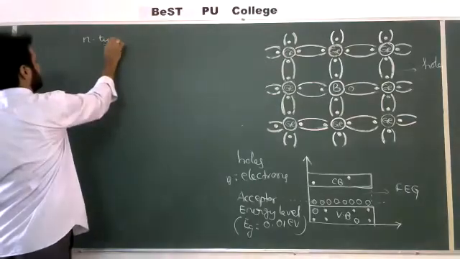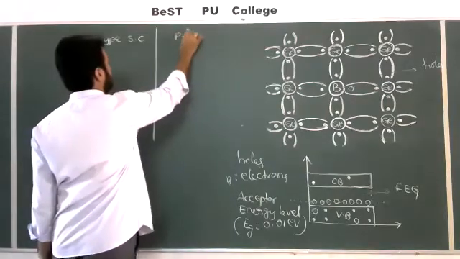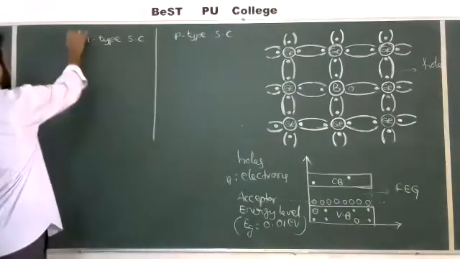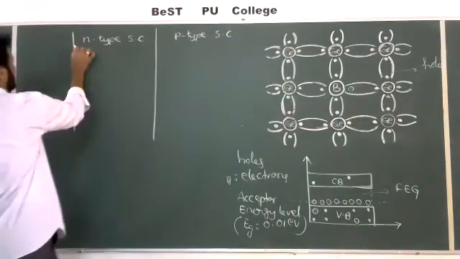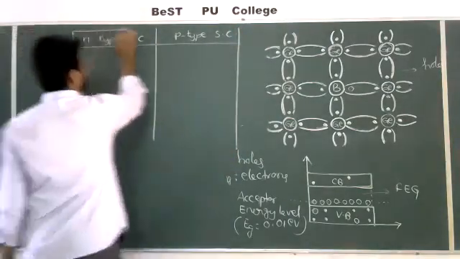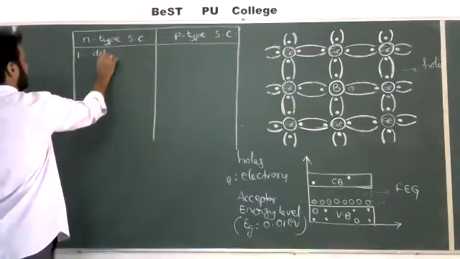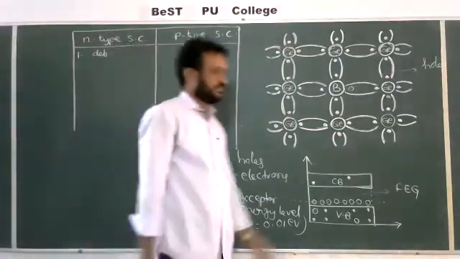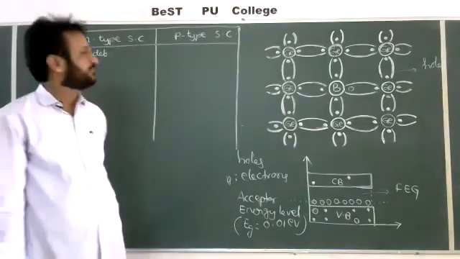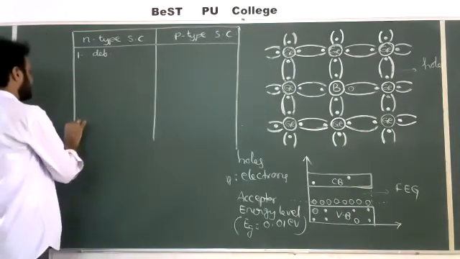N-type semiconductor on the left, and p-type semiconductor on the right. First point, definition.